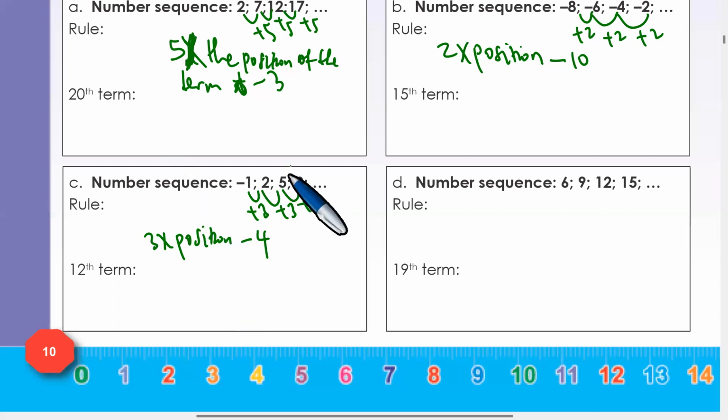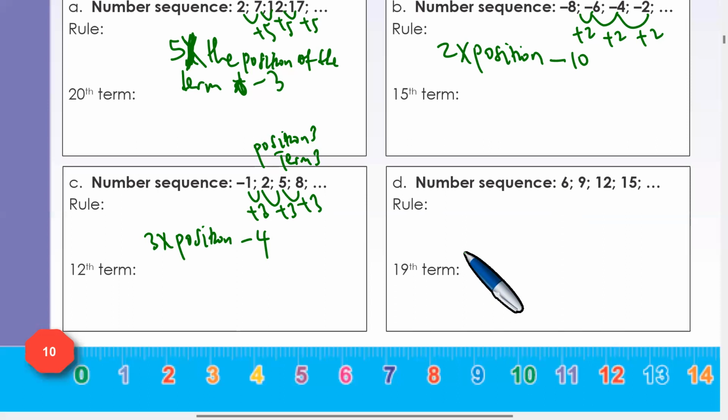Anyway, this is term number 3. Term 3 meaning position 3. So 3 times 3 is what? It's 9. 9 minus 4. 5. Okay, let's look at this one. What's happening in D? What is the rule in D?